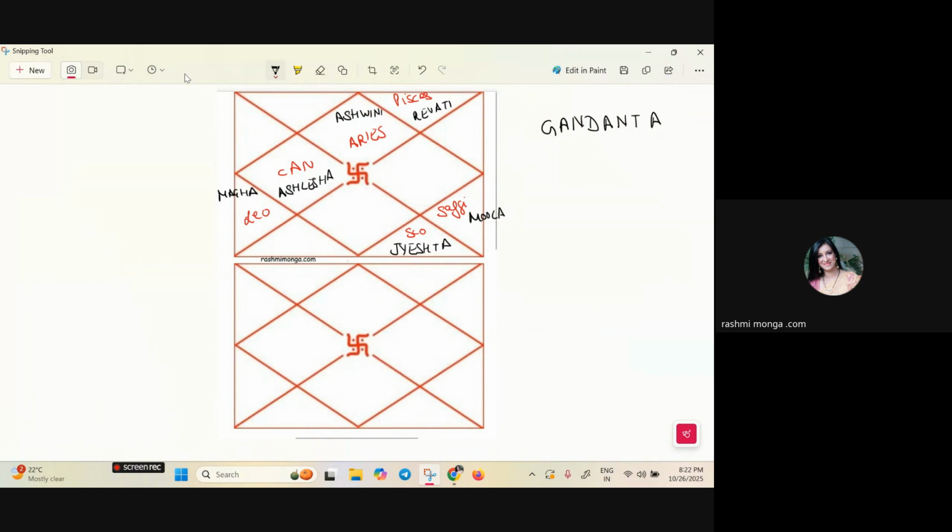But the critical degrees: if the moon is from 29 degrees, 12 minutes till 30 degrees in Pisces, that would be a Revati Nakshatra. 0 degree to 0 degree 48 minutes, Aries, that would be Ashwini. 29 degrees, 12 minutes till 30 degrees, that would be Cancer Rashi and Ashlesha.